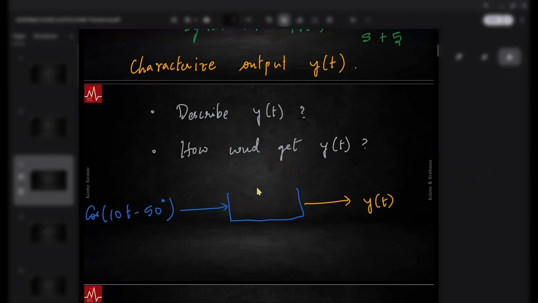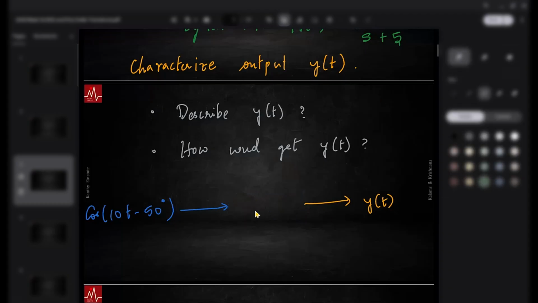Someone else try. For example, in an AC circuit, your voltage is this. It passes through a system such as a resistor or something like that. And then what is your output?